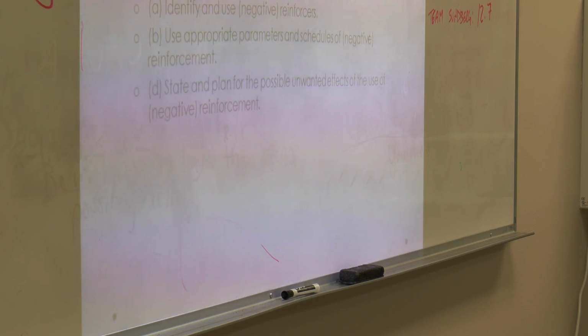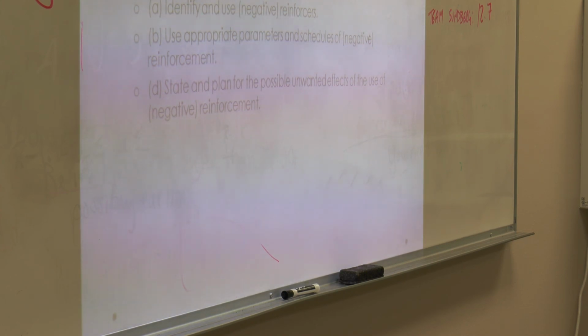When we talk about consistency, what do we mean by that? Every single time. Whether it's presented every single time, or intermittently. We only touched on that because we're going to talk about schedules of reinforcement later.